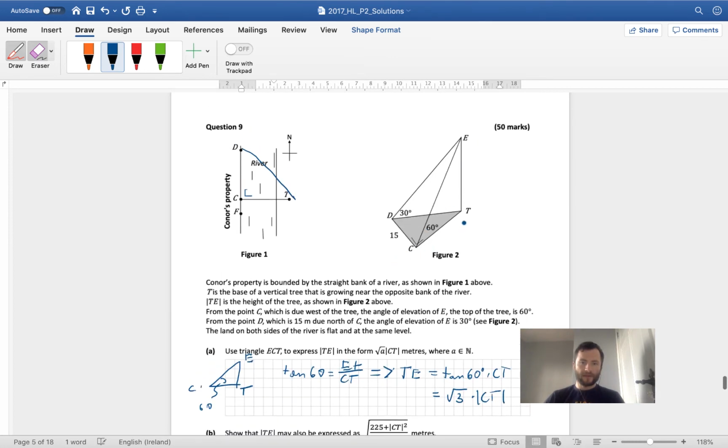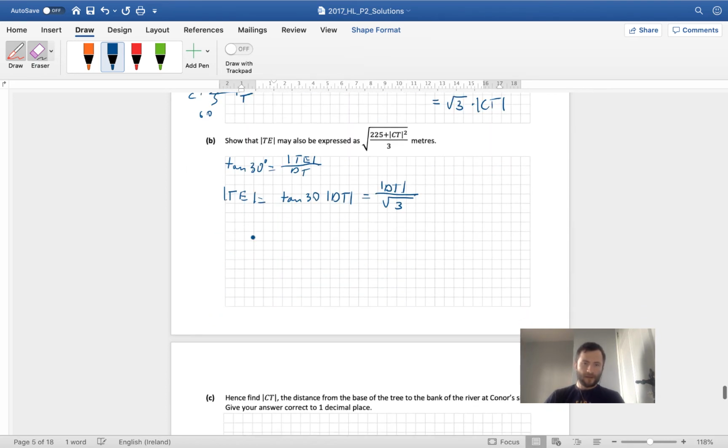From the CTD triangle, DT is equal to root of 15 squared plus length of CT squared. So let's write that down. DT is equal to root of 15 squared plus length of CT squared, and that equals root of 225 plus length of CT squared.